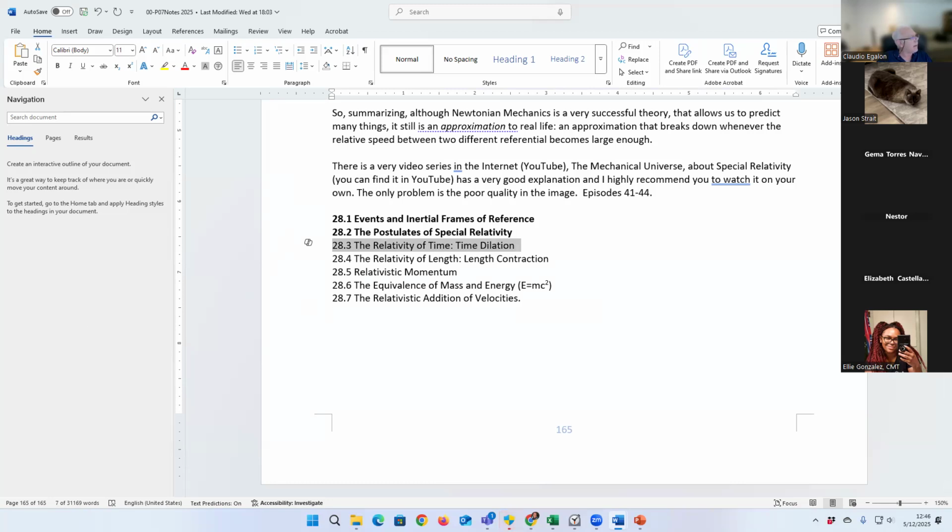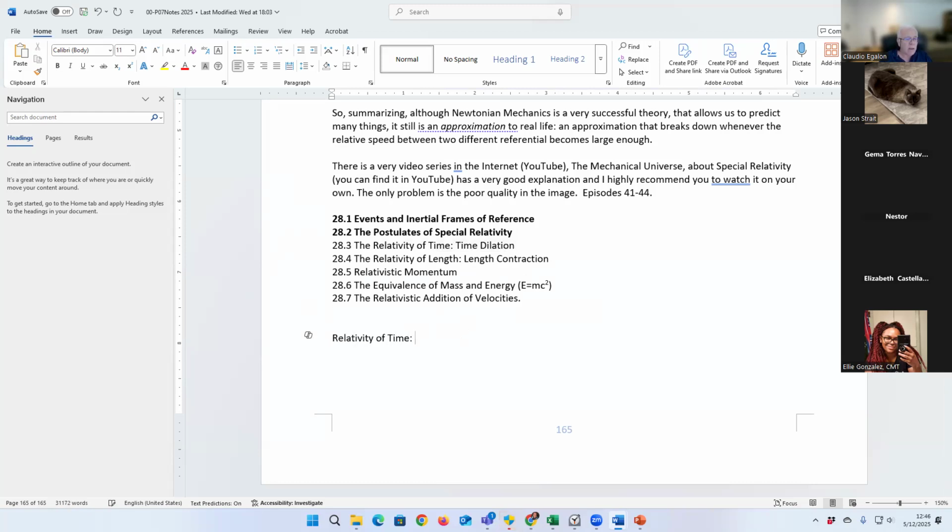That's one of the consequences of Einstein's postulate. The amount of time that flows in one referential is measured differently by another observer that's moving with respect to each other, okay? That's what relativity of time is all about.